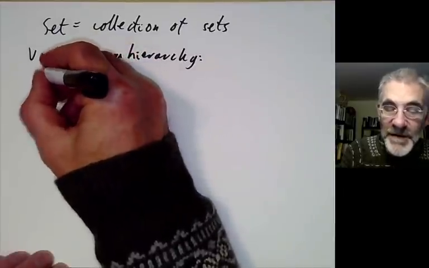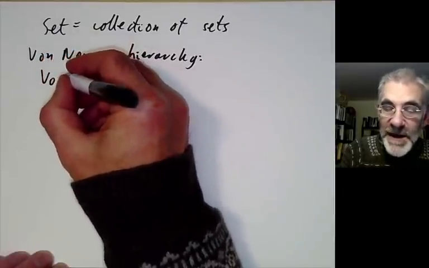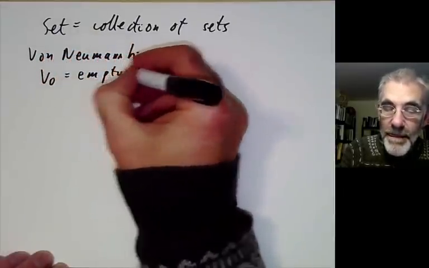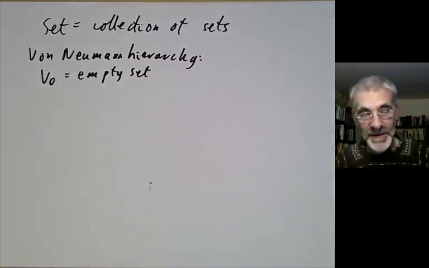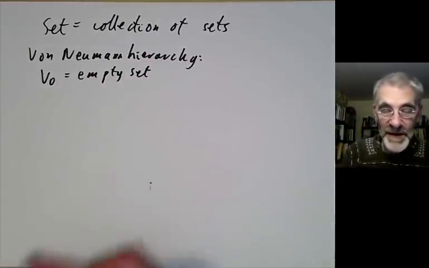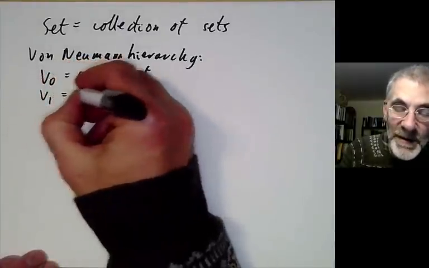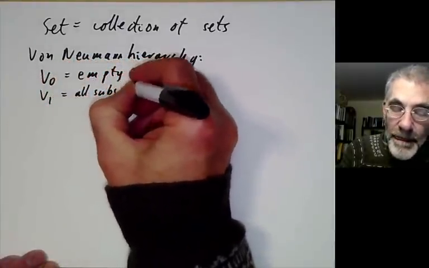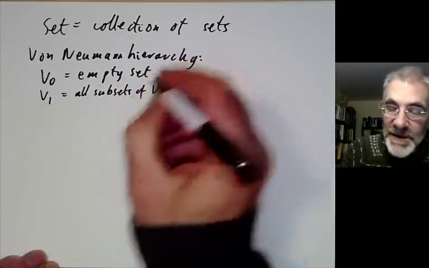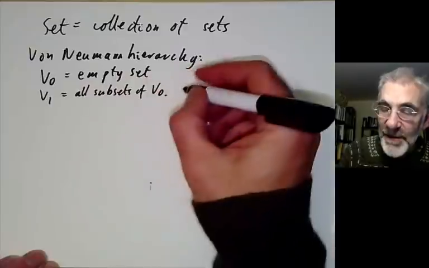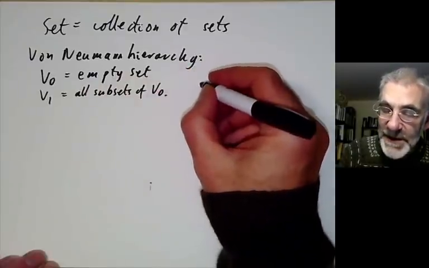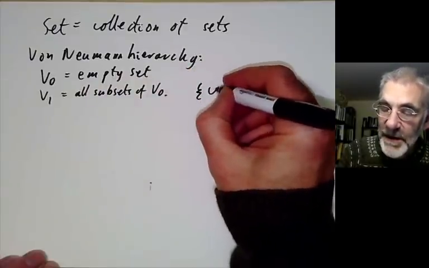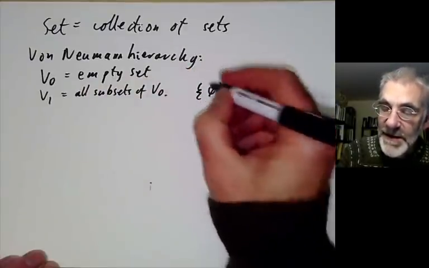First of all, you start with V0. This is just going to be the empty set. There's absolutely nothing in it, and it's not very difficult to think of the concept of an empty set. And V1 is going to be all subsets of V0. So V1 has only one element, which is the empty set. So we can think of V1 as being the set containing just the empty set.